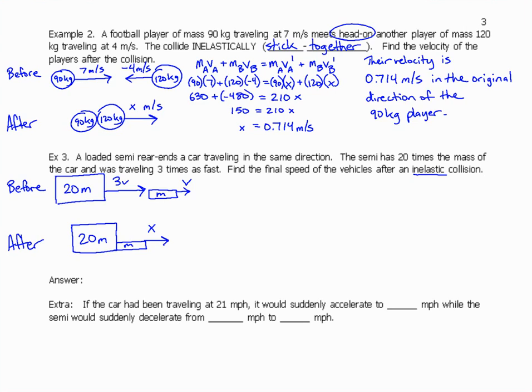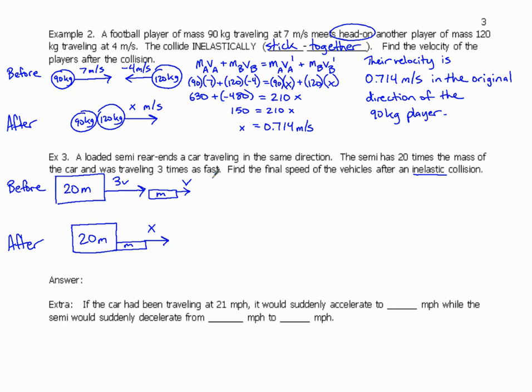And the question says, what is the final speed of the vehicles after an inelastic collision? So we're using the law of conservation of momentum, and the formula is up here, and that's a really long formula to be recopying for every example, every homework question. So we're just going to go straight into it and start putting in the data.